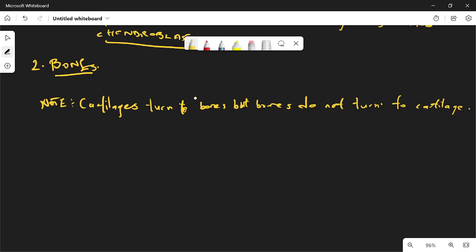Now, when the organism starts to mature and grow, the cartilages will gradually transform from being flexible and firm to a substance that is rigid and strong, which is what we refer to as the bones. So the bones are produced from existing substances called cartilages.